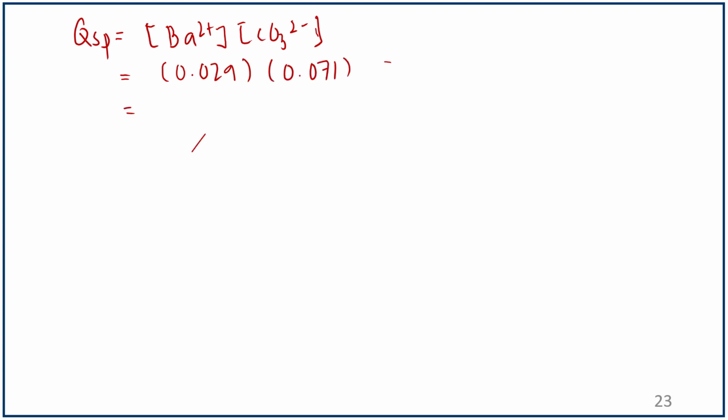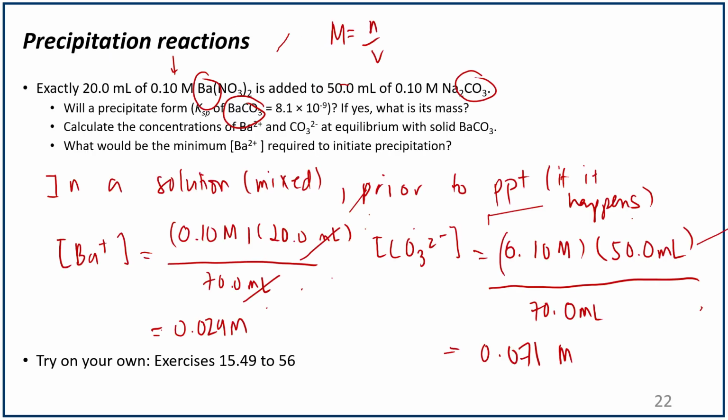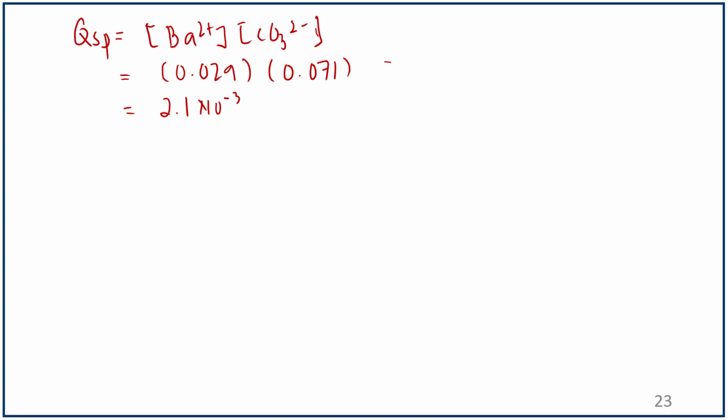This gives you 2.1 times 10 to the negative 3. Remember that the Ksp for barium carbonate is 8.1 times 10 to the negative 9, so this is higher than Ksp. Therefore, yes, precipitation will occur.